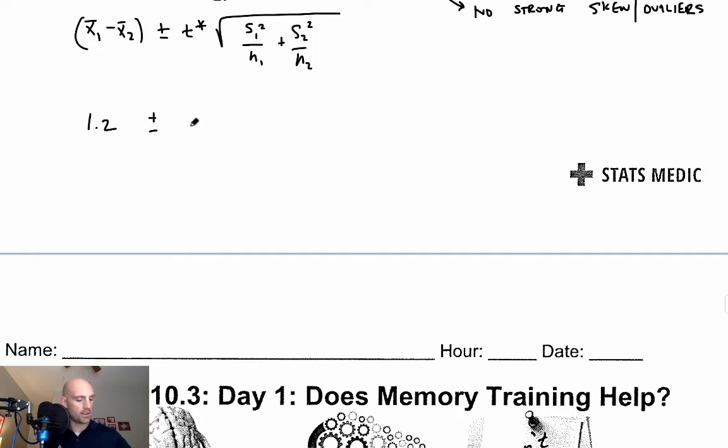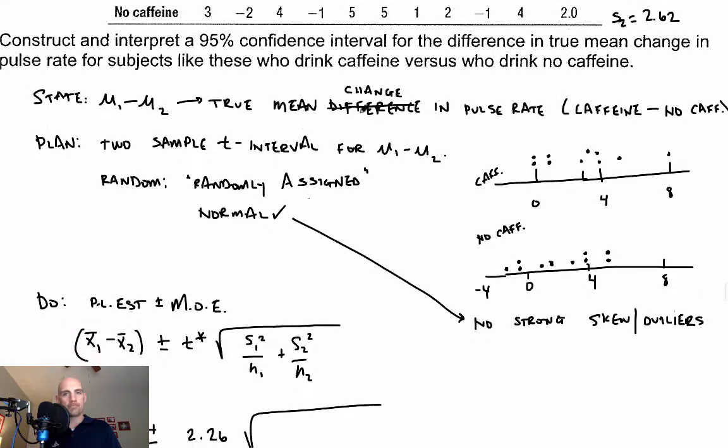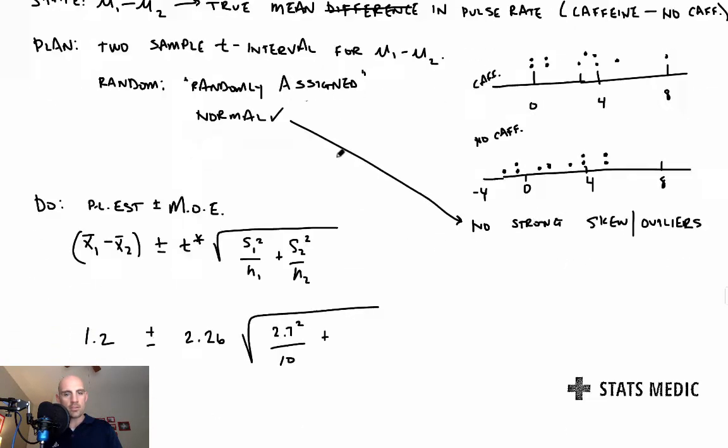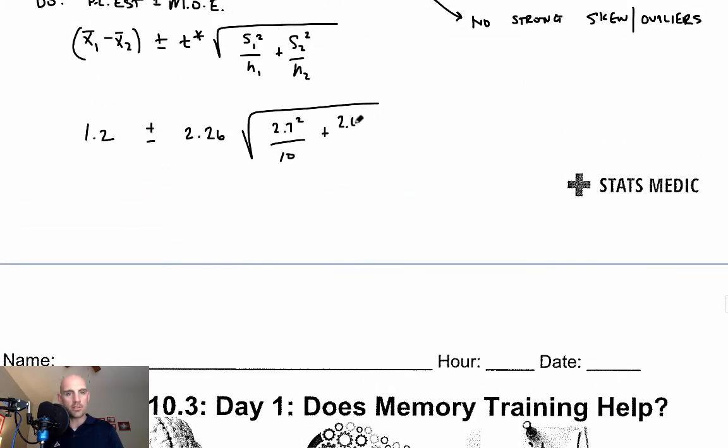Plus, and our T star value comes from our chart, right? So our degrees of freedom would be 9, and we're doing a 95% confidence interval. And so that's going to give us a T star value of 2.26. S1, 2.7 squared over 10, plus S2 is 2.62, 2.62 squared over 10.